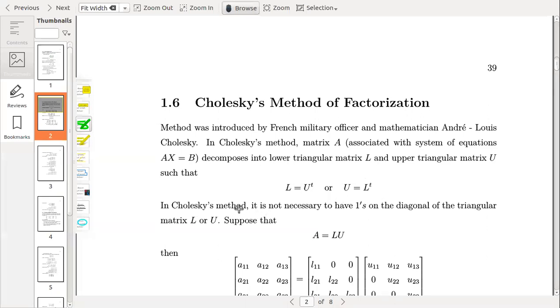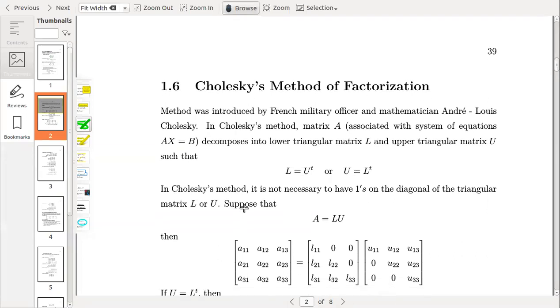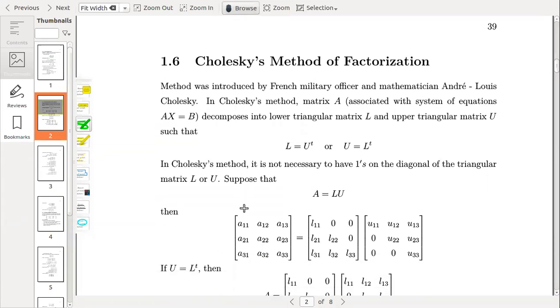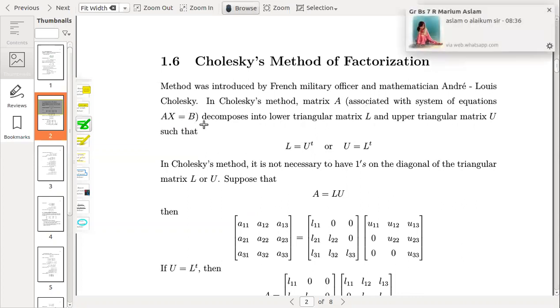And second, you must check whether the matrix is positive definite or not. So if the system can be written as Ax = B, it decomposes into a lower triangular matrix L and an upper triangular matrix U such that L is equal to U transpose, or U is equal to L transpose.